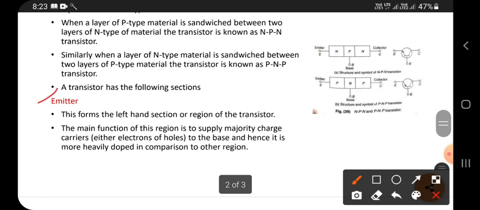A transistor has the following sections. In the transistor, three sections are there.